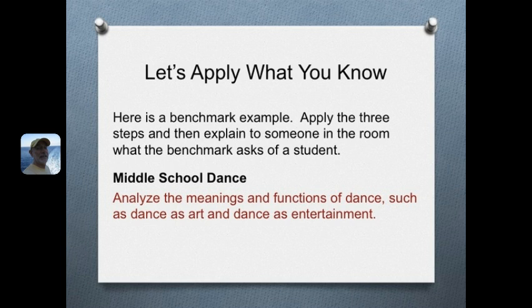Put a K in front of the benchmark if you think it's knowledge, an R for reasoning, an S for skill, or a PP for performance product. Third, find the concepts that the benchmark is calling for and underline those. Once you've applied the three steps, talk to someone in the room about what you have done and explain why.